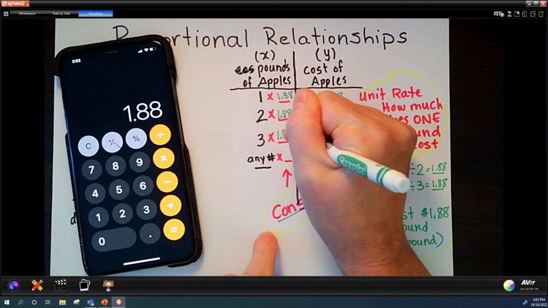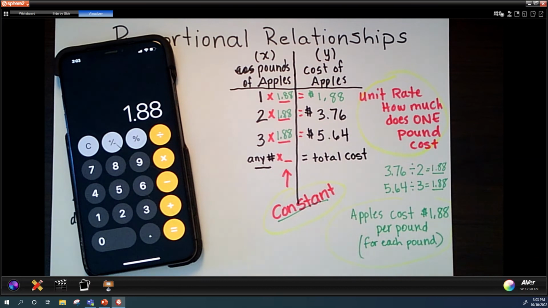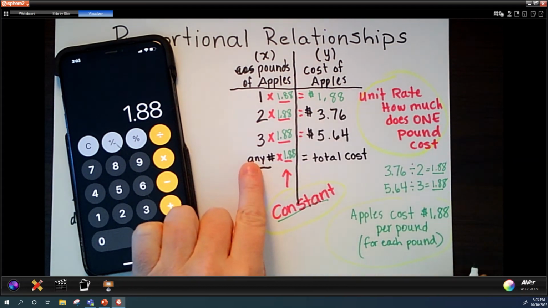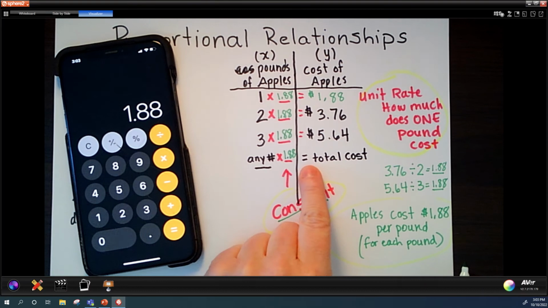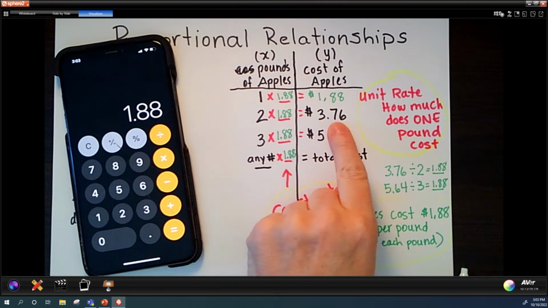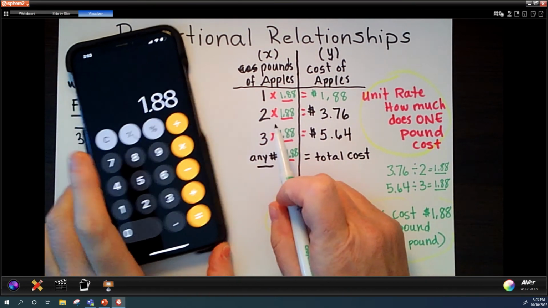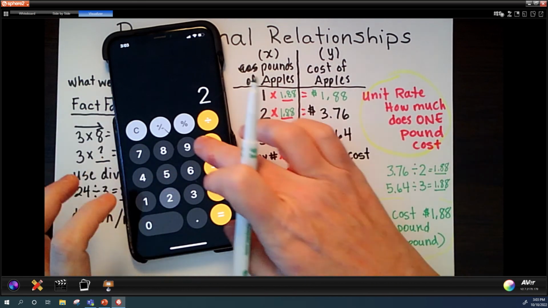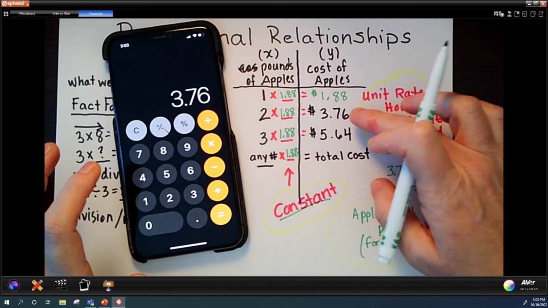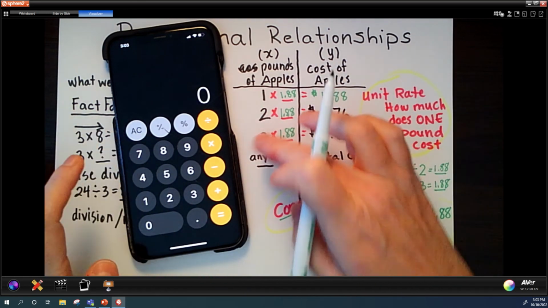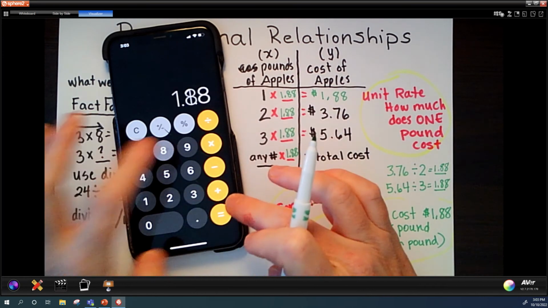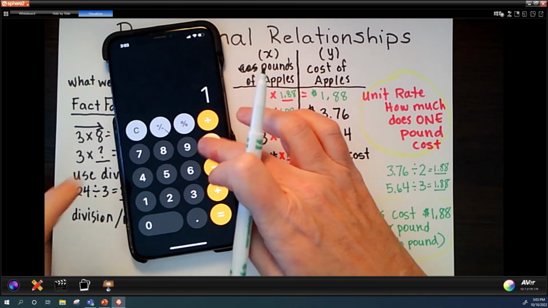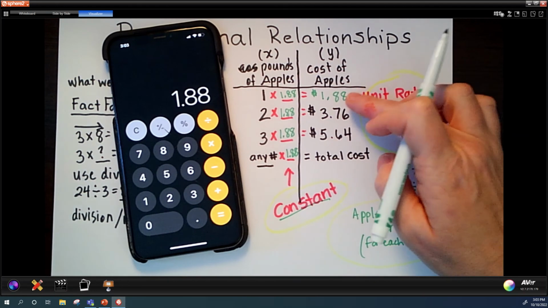Every number here, every pound of apples, we're multiplying by $1.88. So any number that we're buying, times $1.88, is going to give us the total cost. And we can check it and work it backwards. We did division, now let's do multiplication. 2 times $1.88 is $3.76. 3 times $1.88 is $5.64. 1 times $1.88 is $1.88.